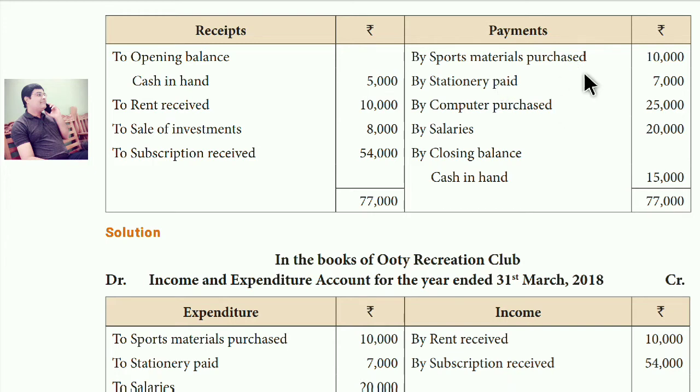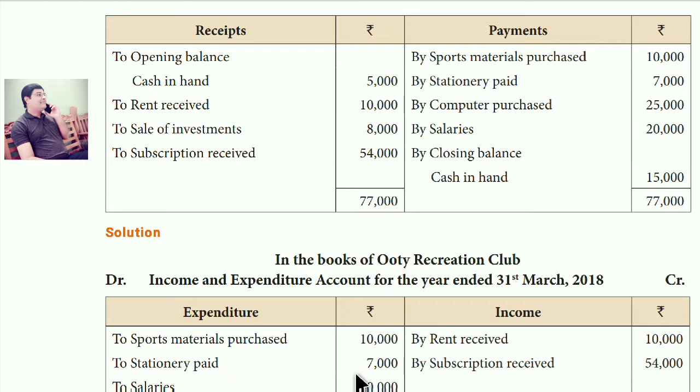Sports material purchased. When you purchase sports material, it is an expense, so you have to write in the expenditure rupees 10,000. Write it in your ledger. Next item, stationery paid. Stationery paid you have to write in the debit side, in the expenditure side.